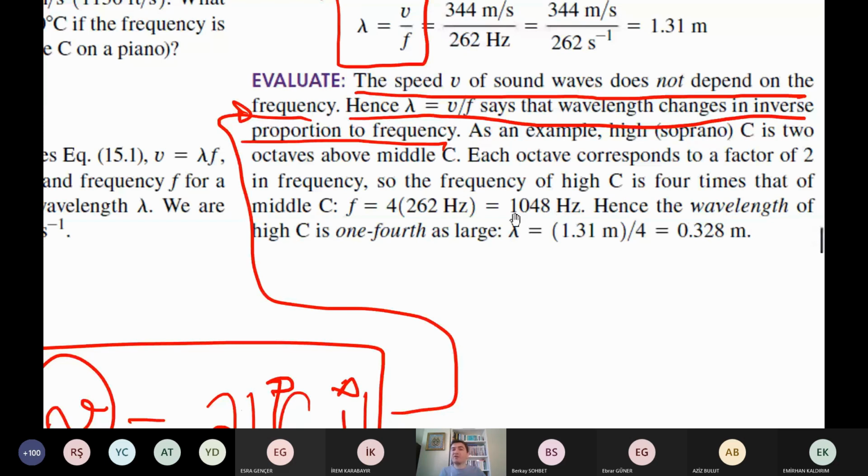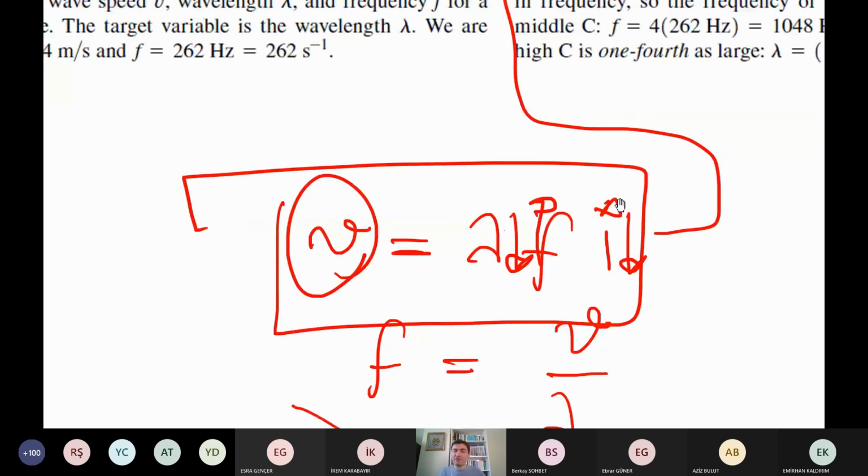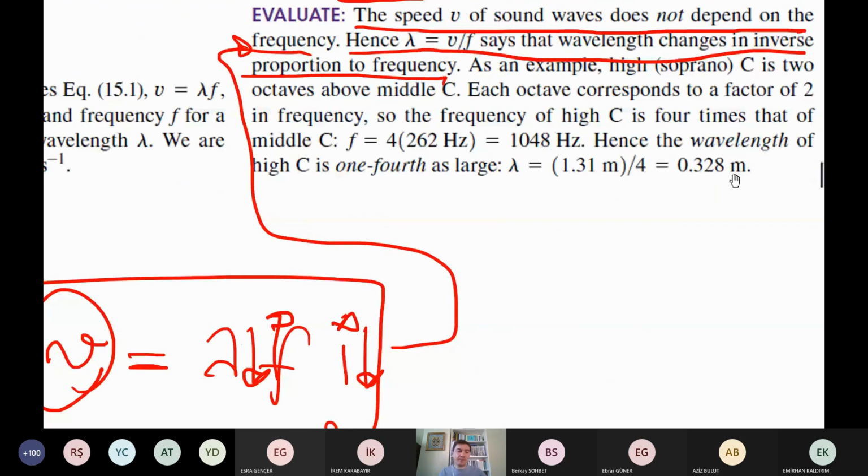So if you have high frequency, then you have low wavelength, okay? If you use this equation, if you have high frequency, then you have lower wavelength. Then in case of high C, we have lower wavelength, but we have much higher frequency. Do you have any question here?